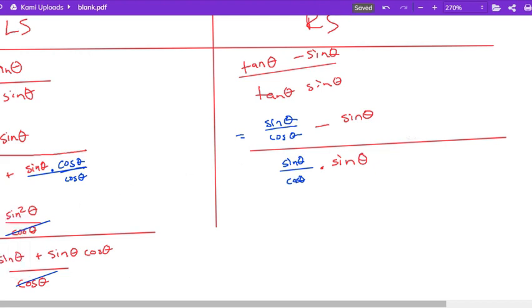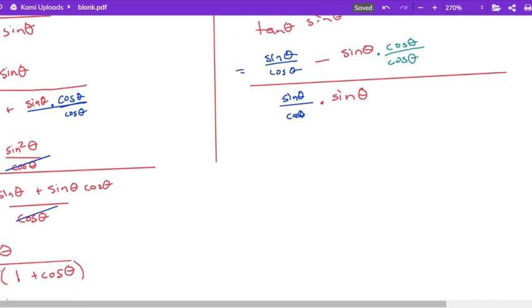In the numerator, what is the common factor? Cosine. Okay, so I'm going to multiply this. Like that. We're good? Okay.